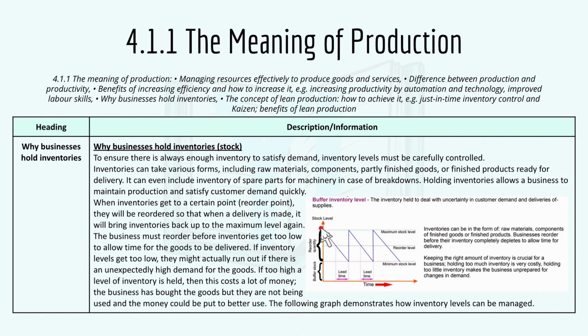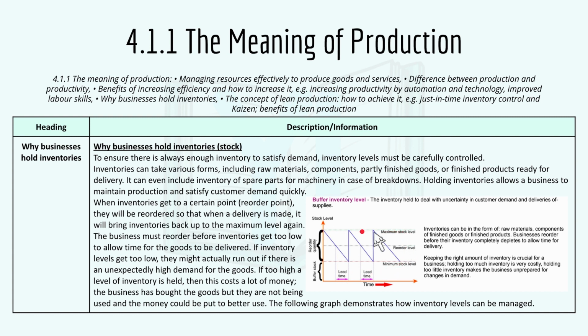The following graph demonstrates how inventory levels can be managed. Here we have the buffer inventory level, which is the inventory held to deal with uncertainty in customer demand and deliveries of supplies. And then here's a graph to show the inventory level.